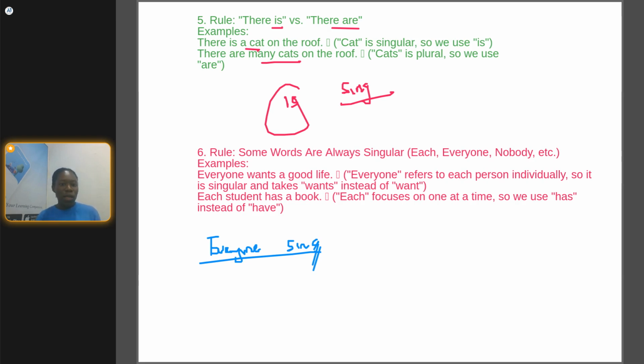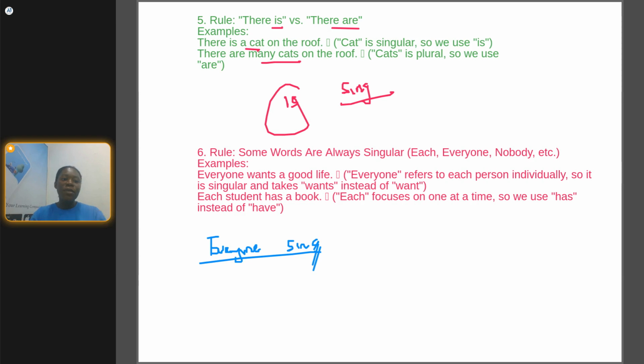Sometimes this thing looks plural. They are not plural. It is singular. Words like this refer to just one person. So when you see it in your examination and you find options like is, are, you already know that each person is referring to one person. Everyone is referring to a singular person.